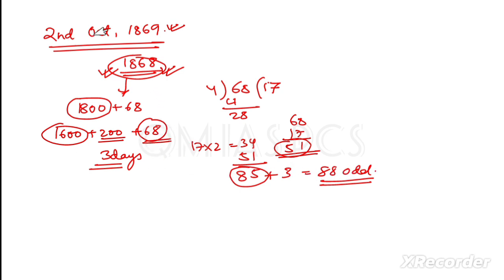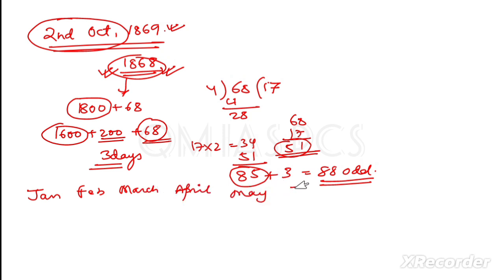And I have told you we have to calculate till 2nd October. So how to calculate this? The first method is, we calculate January, February, March, April, May, June, July, August, September, and for October it will be 2, because we are considering 2nd of October.